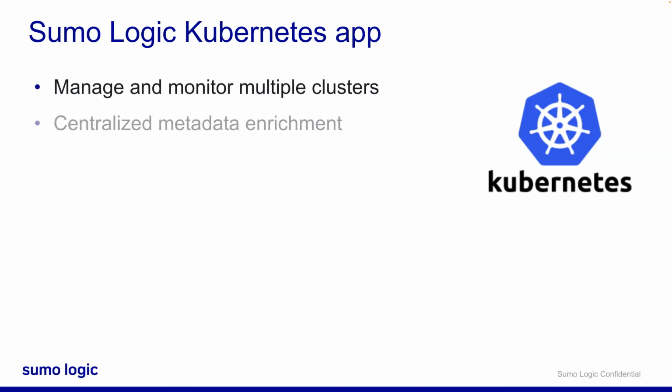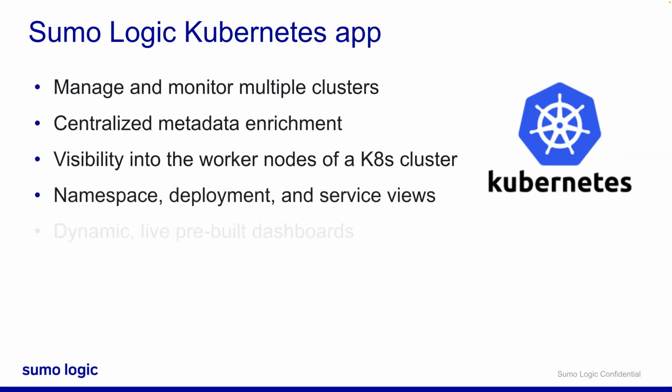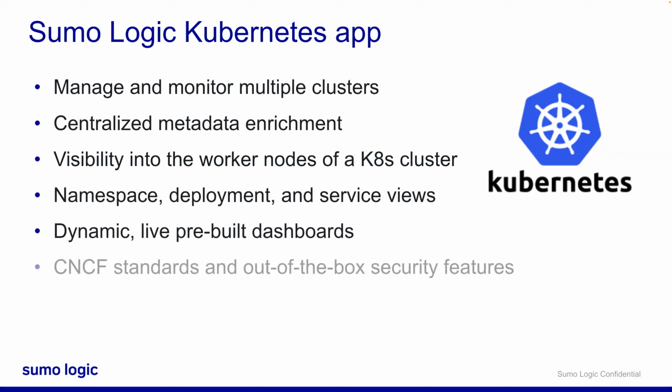So the primary app we're going to be working with is the Sumo Logic Kubernetes app. This app has many features and benefits, and so let's talk about a few of them. The first is the ability to manage and monitor multiple clusters. Centralized metadata enrichment that ensures consistent tagging across those logs and metrics, events, and security data is going to be important and a big benefit.